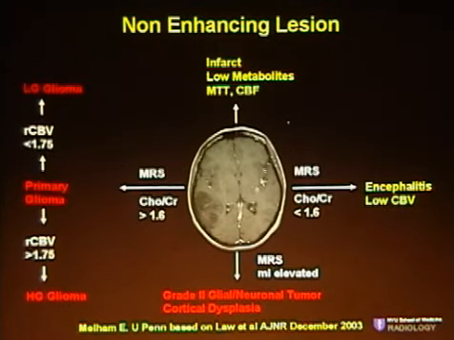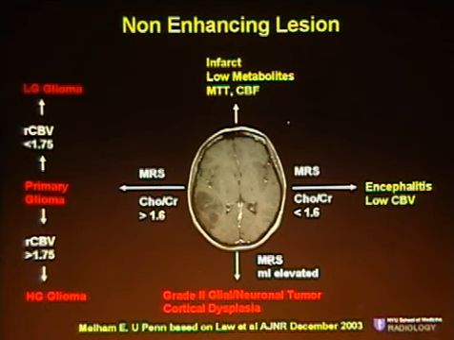If you have a non-enhancing lesion, first look at the mean transit time and CBF, as we talked about this morning, and this will tell you that you're dealing with an infarct. If the MRS is showing that the choline to creatine is not that high, about 1.6 maybe, you're dealing with probably an encephalitis, and you can confirm that by looking at the blood volume.